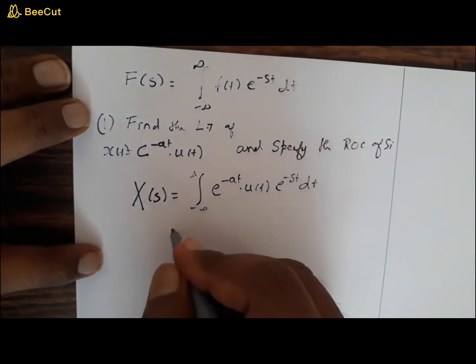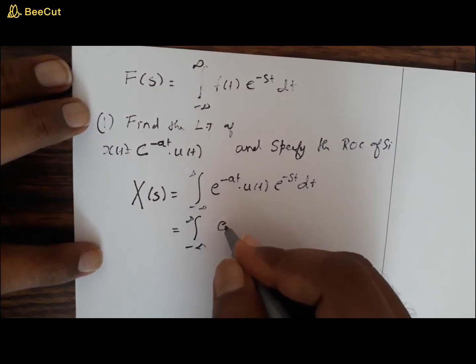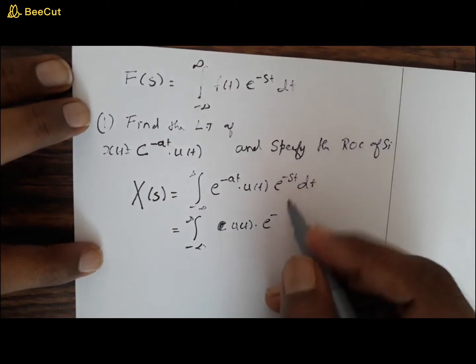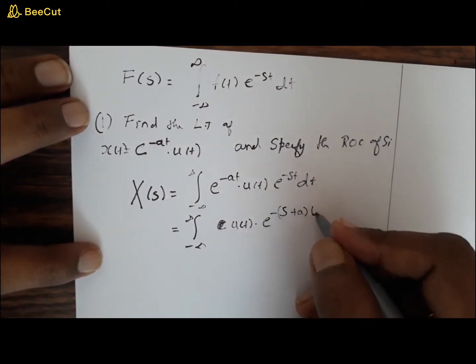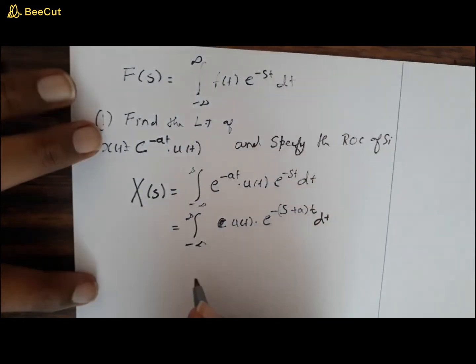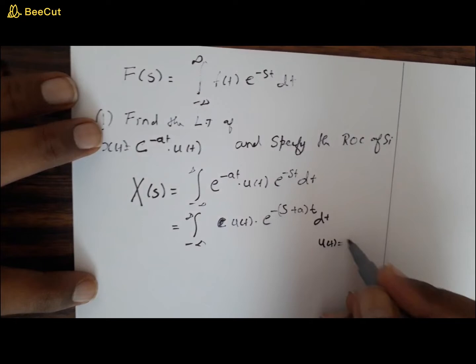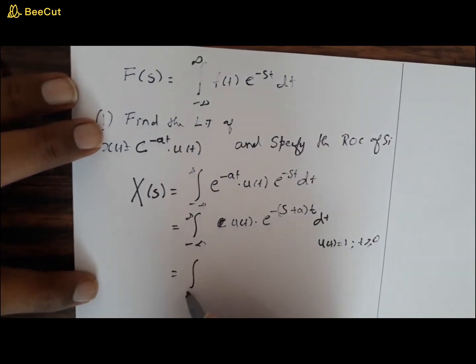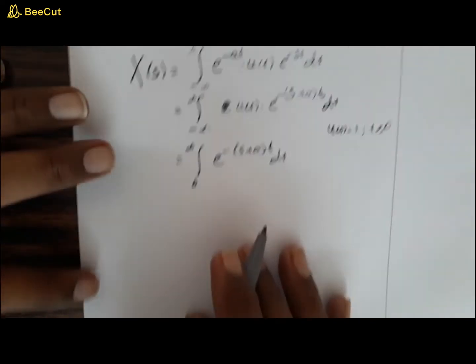Now in the next step, you can combine this exponential signal, so that you can write u of t into e raised to minus, you can take outside, s plus a into t dt. Now what is u of t? We know that u of t is equal to 1 for t greater than or equal to 0. So this integral changes from 0 to infinity, 1 into e raised to minus s plus a into t dt.